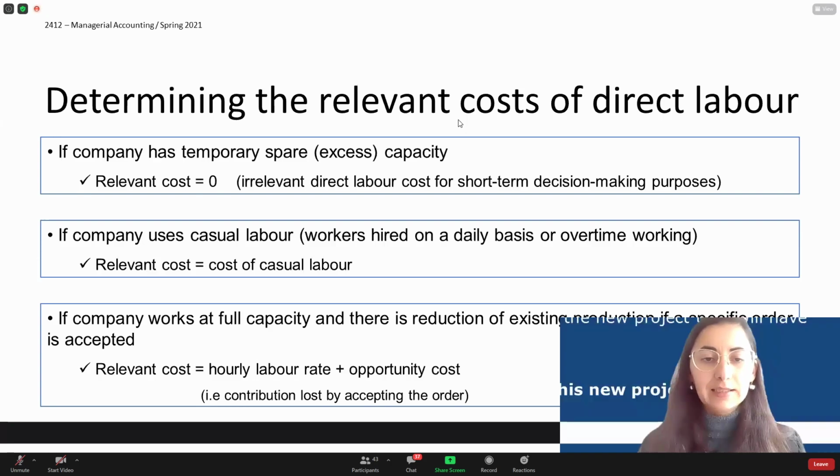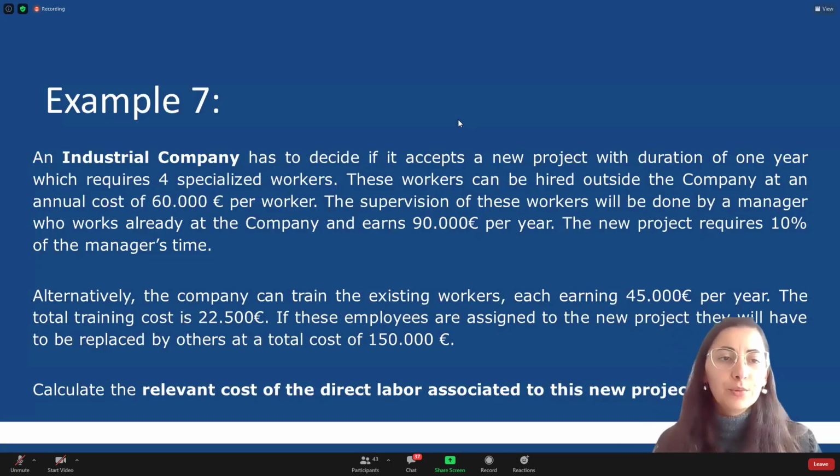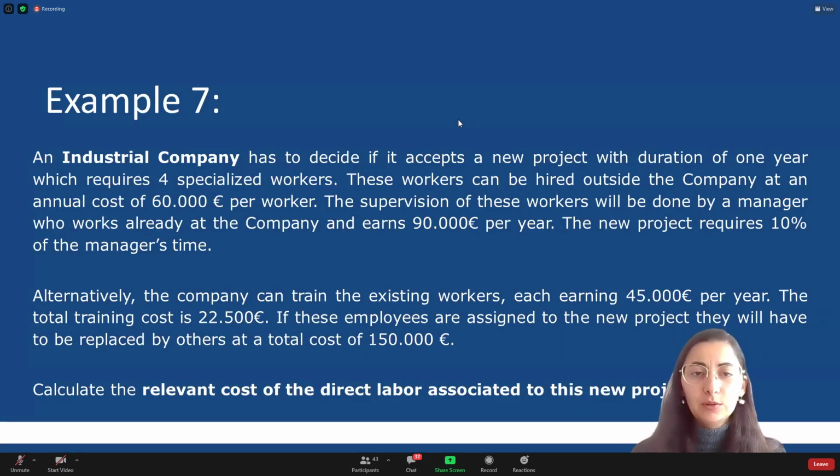So let's look at the example. We have this company that has to decide if it accepts a new project with a duration of 1 year that requires 4 specialized workers. These workers can be hired outside the company at an annual cost of 60,000 euros per worker. The supervision of these workers will be done by a manager who already works at the company and earns 90,000 euros per year.